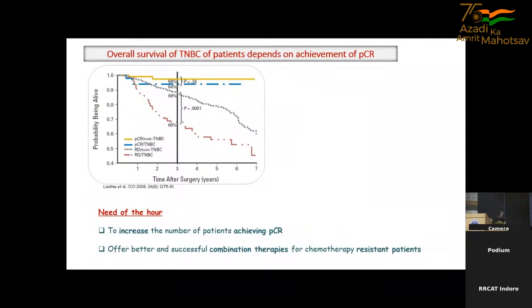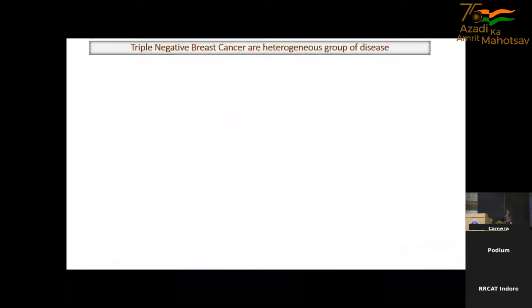However, when the TNBC patient has a residual disease, they die much faster as compared to non-TNBC disease carriers. So the need of the hour is to increase the number of patients that can achieve complete pathological response and to find out a treatment option for the patients that actually get resistant to chemotherapeutics.